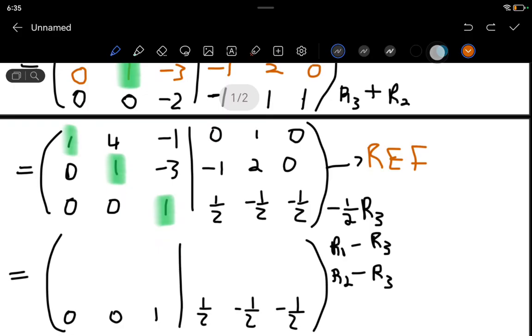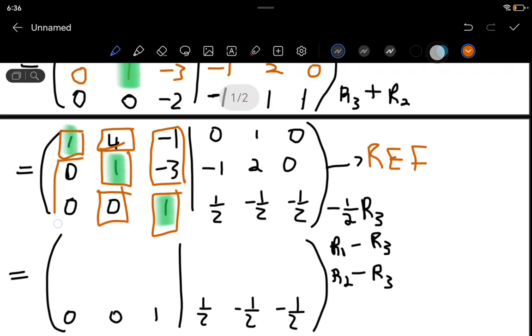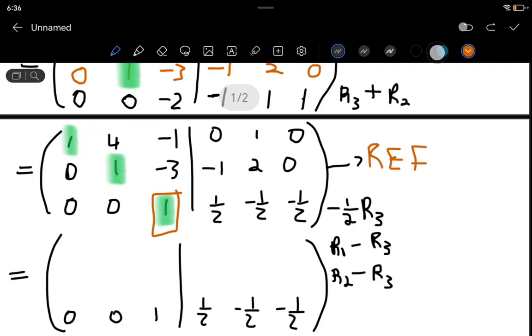Reduced row echelon form says that every column with a leading 1 has zeros elsewhere, meaning above and below it. So these three values must be zeros. That's what we're going to look at.